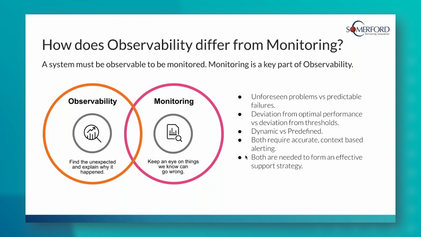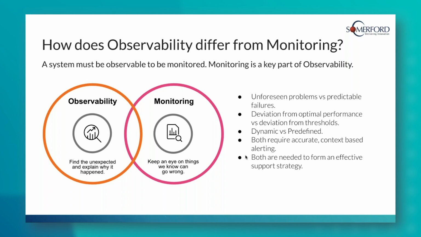But with observability, we're trying to find things that we don't know about, the, if you like, unknown unknowns or the known unknowns. Unforeseen problems versus predictable failures. Deviations from optimal performance rather than out-and-out failures. Dynamic thresholds, dynamic conditions rather than static ones.